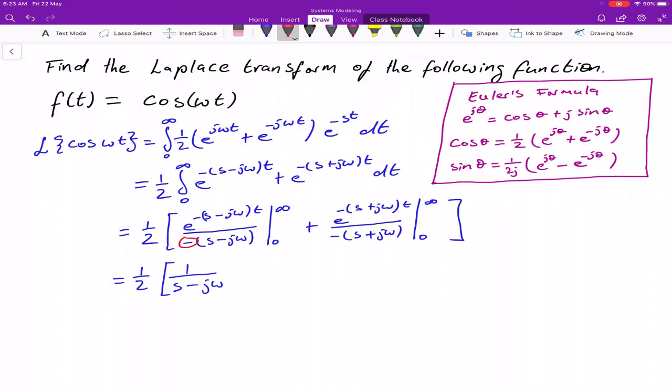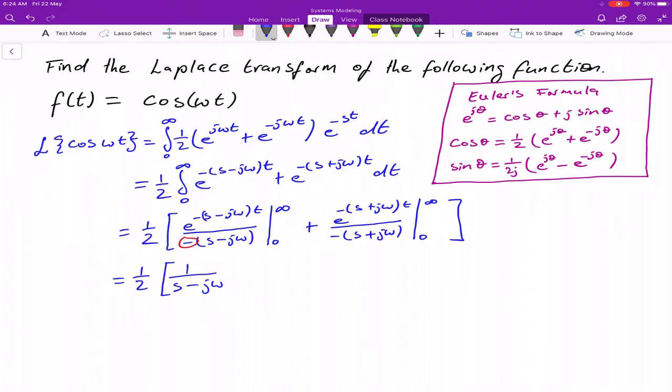So it's like having this minus e to the 0. Okay, so this minus is going to become the positive. All right, I urge you guys to go through the equations properly so that you know where everything came from.